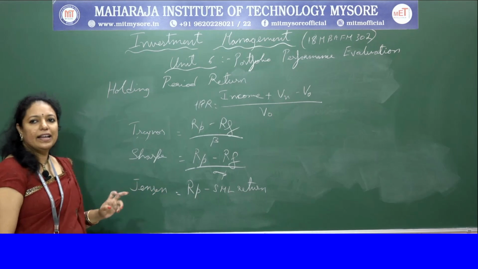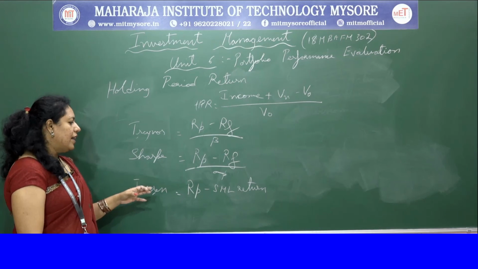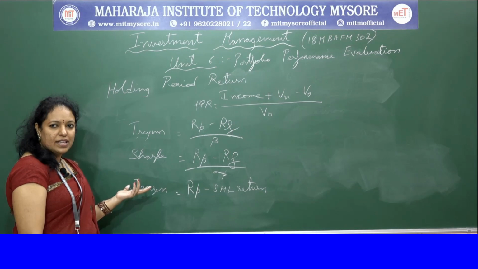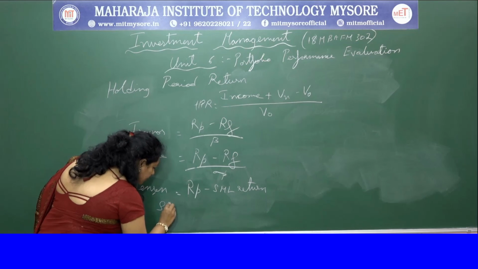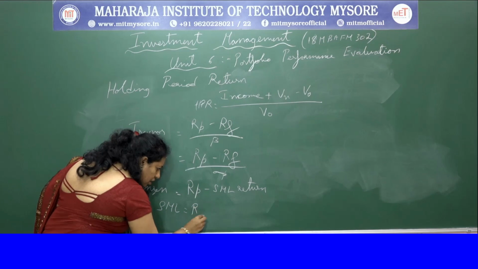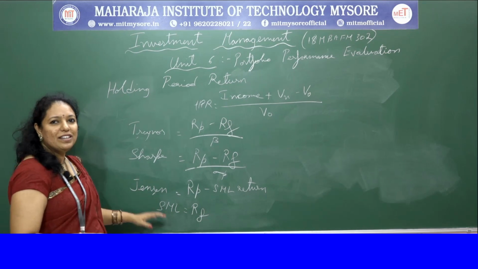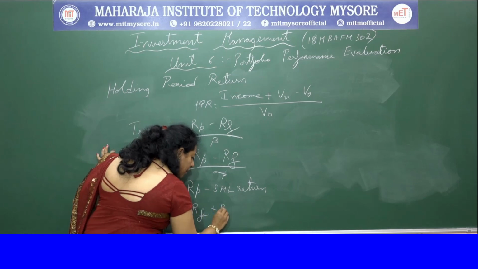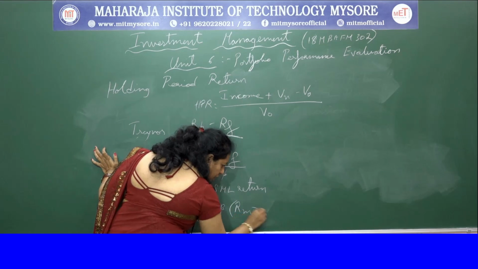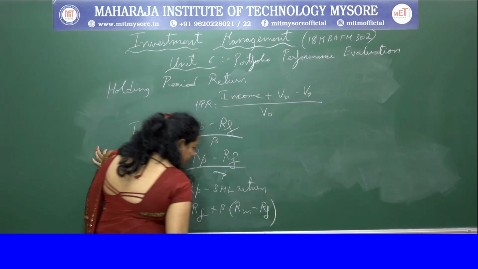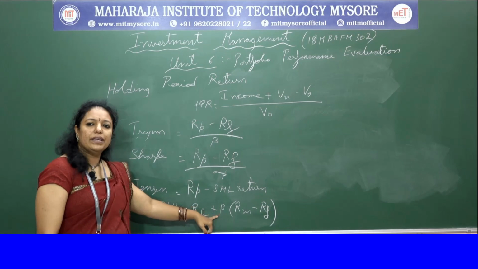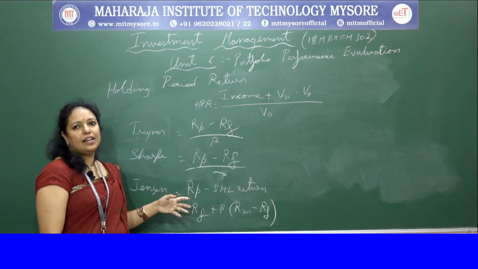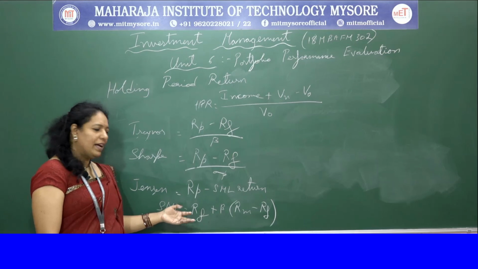SML is the security market line, as I've said. For this also there is a formula. SML is equal to this, you all know, RF plus beta times RM minus RF. So this we have completely dealt with in the 5th unit. You can use this formula.